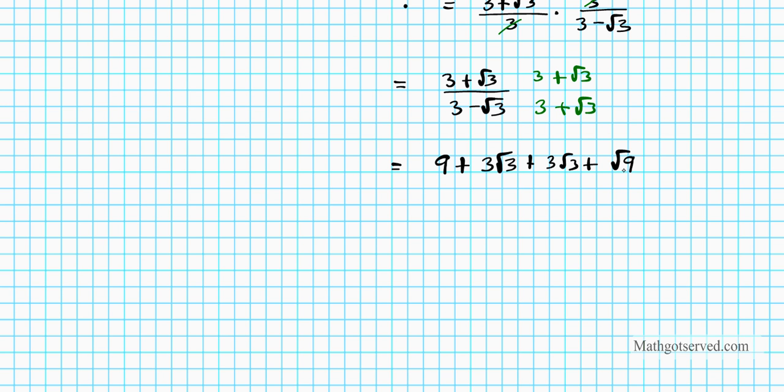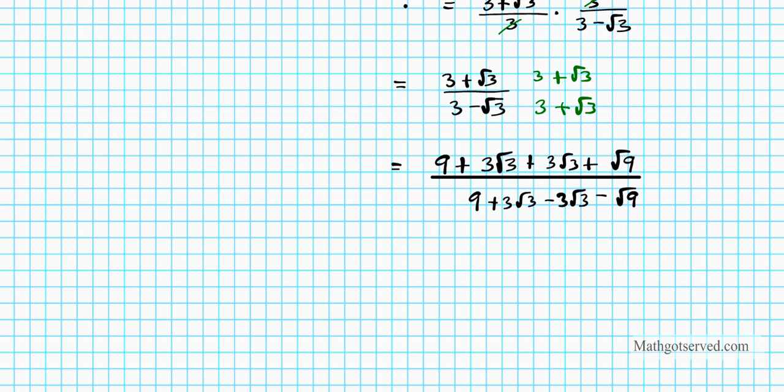Okay? And then in the denominator, we'll do first 3 times 3, which is 9. And then outer is plus 3 root 3. Inner is minus 3 root 3. And then last is minus root 9. Okay, root 3 times root 3 is root 9.